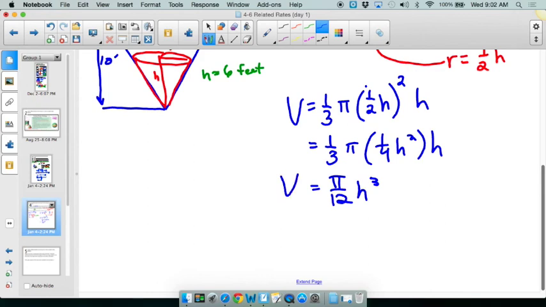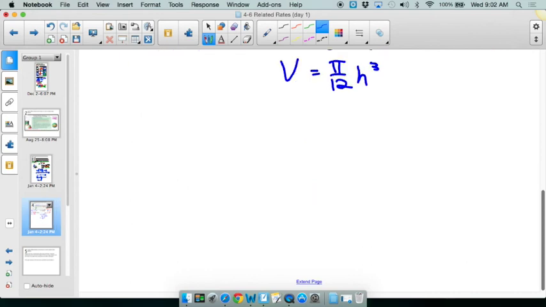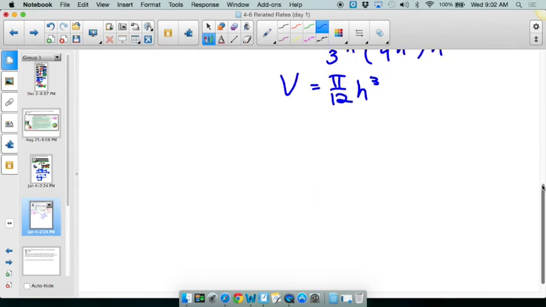A little simplifying goes a long way, because that's not that bad of a derivative to do. So now we're going to take the derivative with respect to time. We've got a variable V, so we know we're going to need a dV/dt, and we've got a variable h, so we're going to have a rate dh/dt.